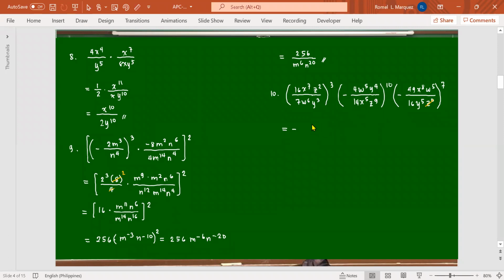Okay? Now, you are going to express numerical coefficients as much as possible as powers, because if you expand 16, for instance, 16 raised to 3, 4 raised to 10, they will become big numbers. With a problem like this, expect that many things will cancel.